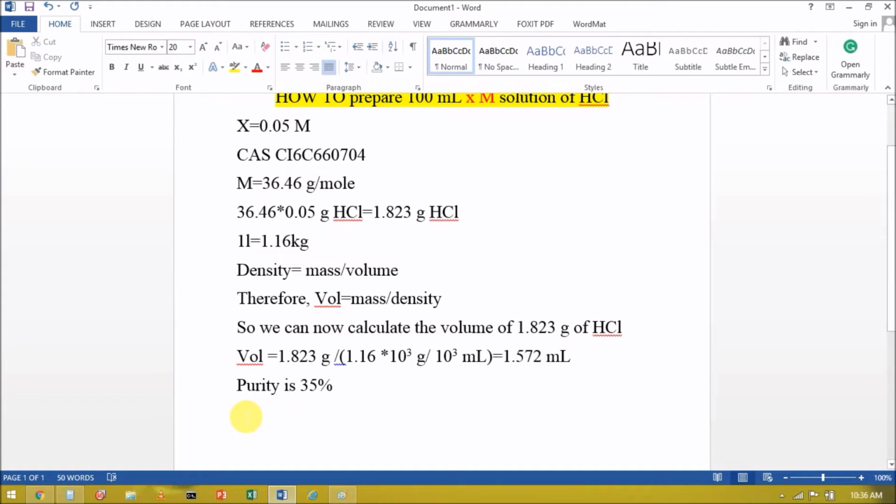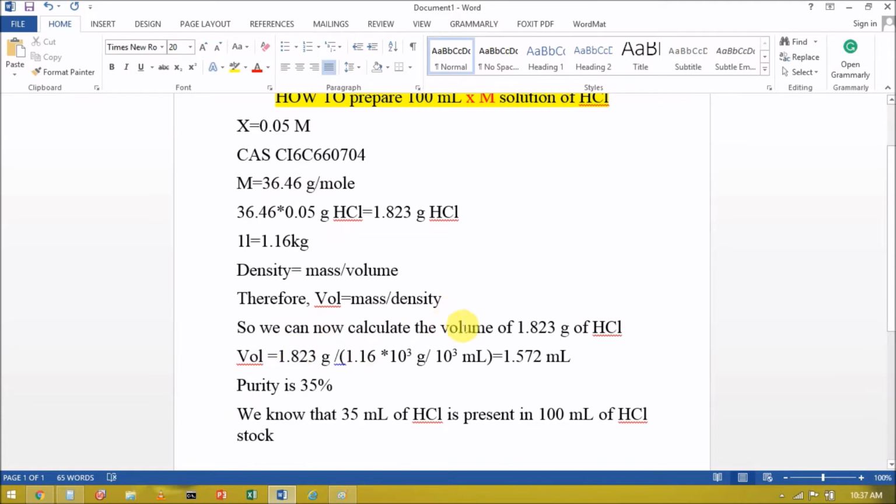So we have to take a much larger volume of HCl. So how to get that volume? It is very easy. We know that 35 ml of HCl is present in 100 ml of HCl stock.